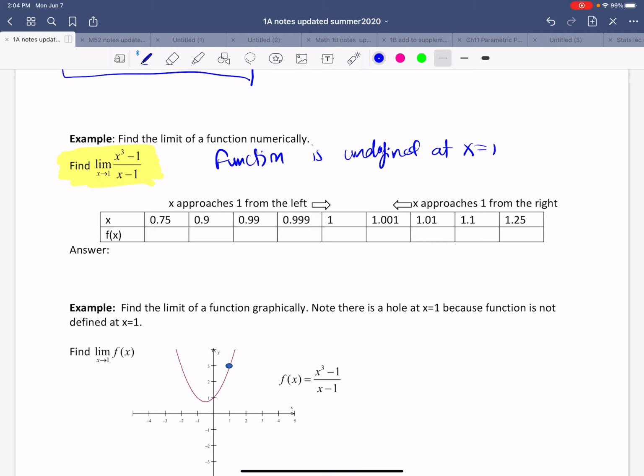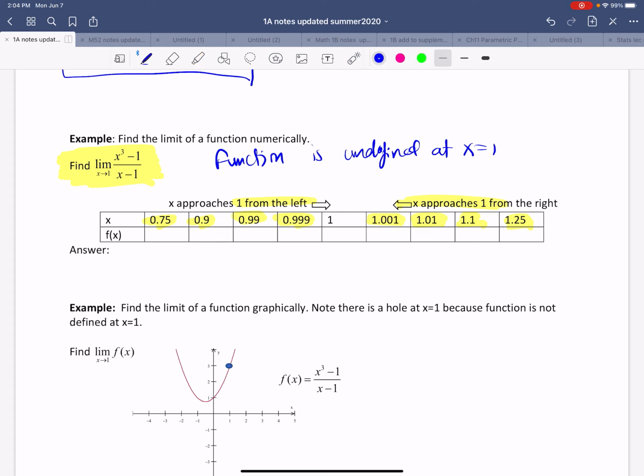So let's think about the numbers really close to 1 from the left hand side and from the right hand side: 1.001, 1.01, 1.1, 1.25, 0.999, 0.99, 0.9, 0.75. Let's plug them into the calculator.